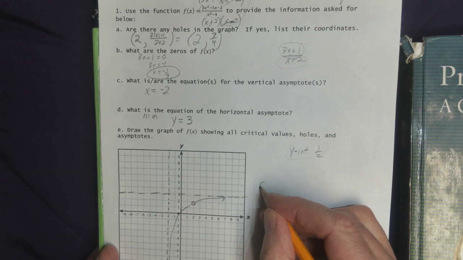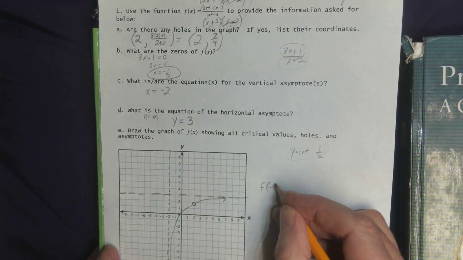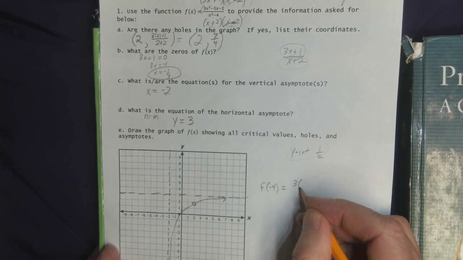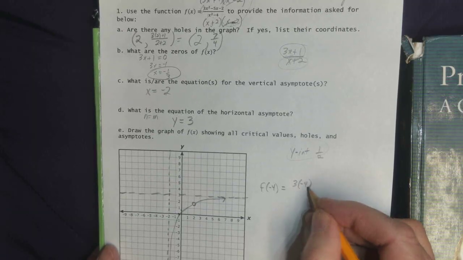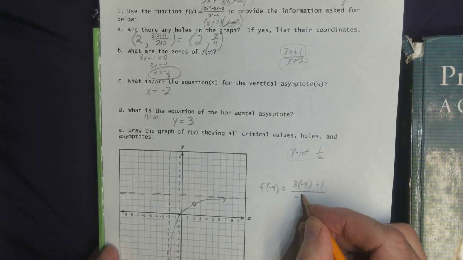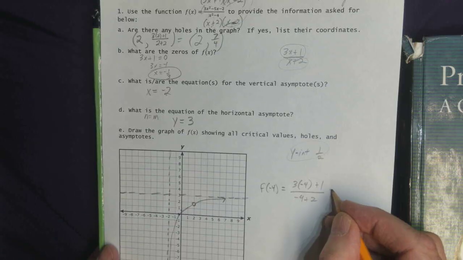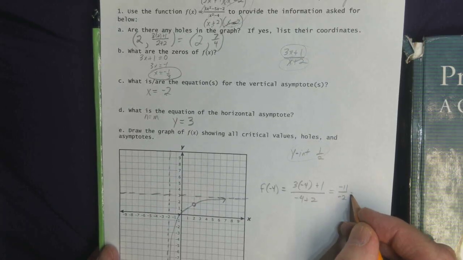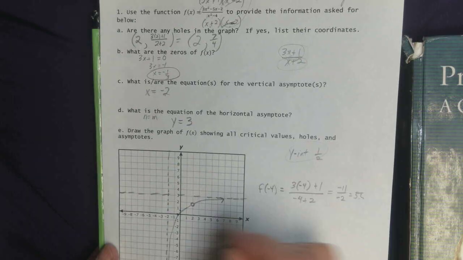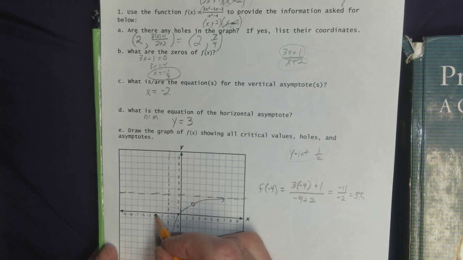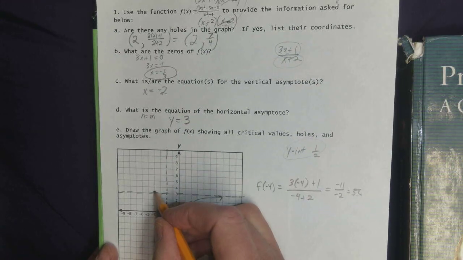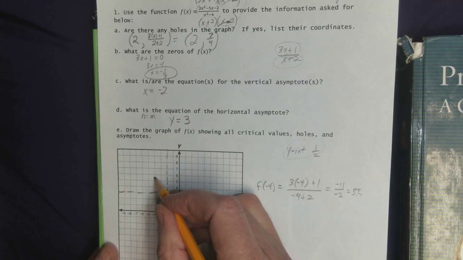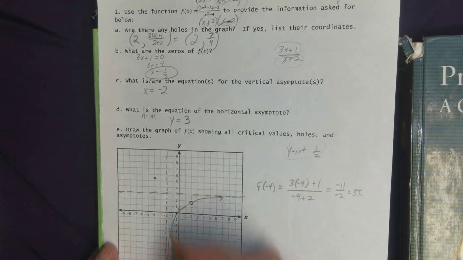The other curve, I want to find what f of negative 4 is. Take 3 times negative 4 plus 1 over negative 4 plus 2. That's negative 11 on the top, negative 2 on the bottom, 5.5. So at negative 4, we are at 5.5.